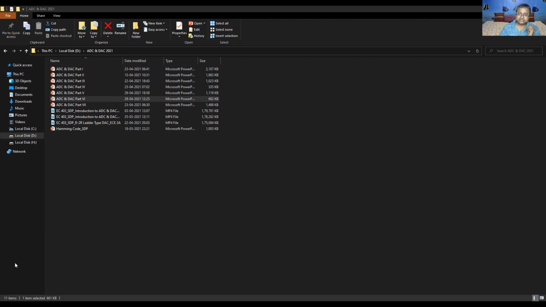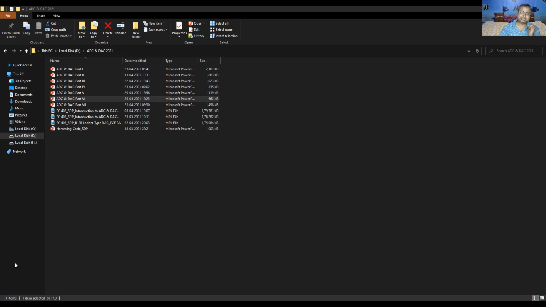And when the switch is connected to the minus VR, then this integrator produces the positive ramp. So this is the dual slope. This is called the negative slope. This is called the positive slope. So here the two slopes are there. For this reason it is called dual slope.